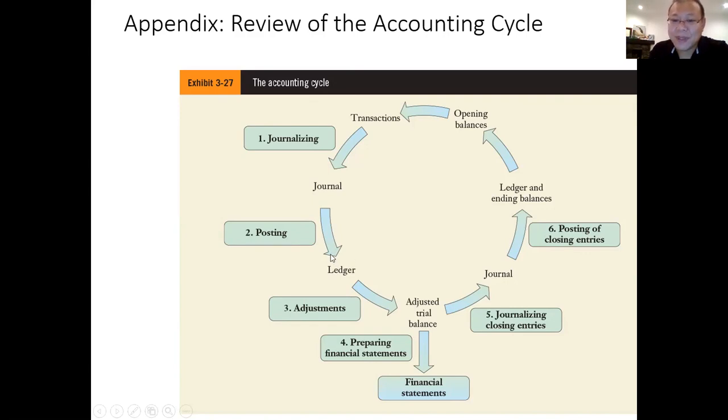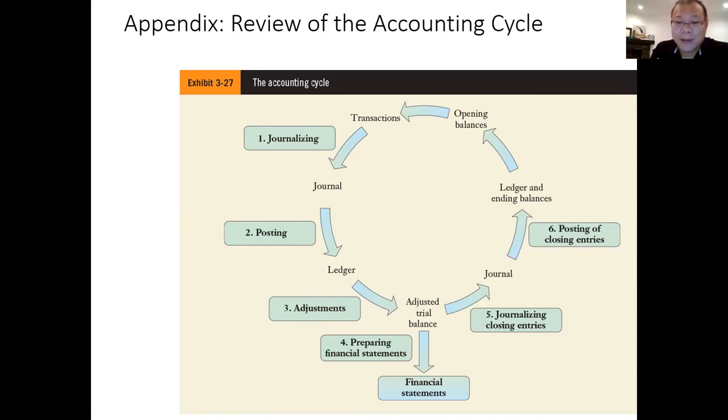And then at year end, you have to make some adjustments. For example, you have to recognize the depreciation expense for the year on the long-term assets. So those are called adjusting entries. Those adjusting entries are only made on the year-end date, right?